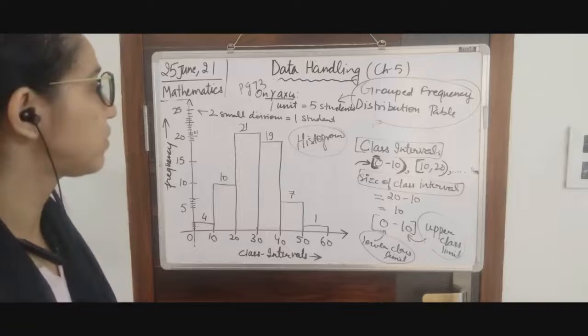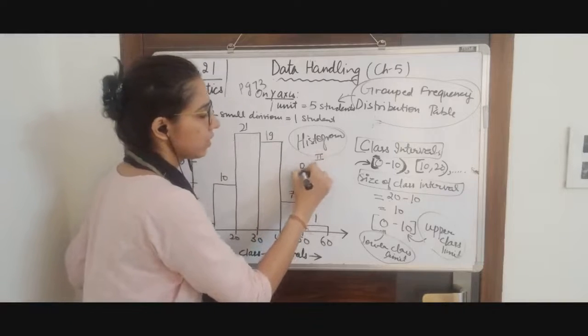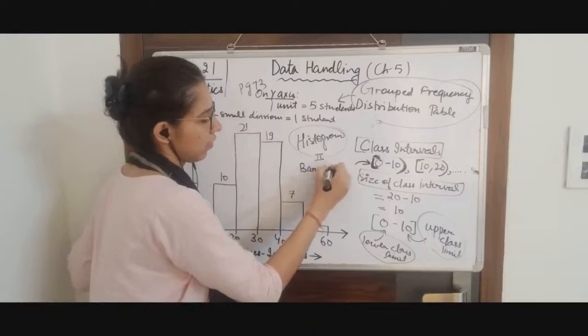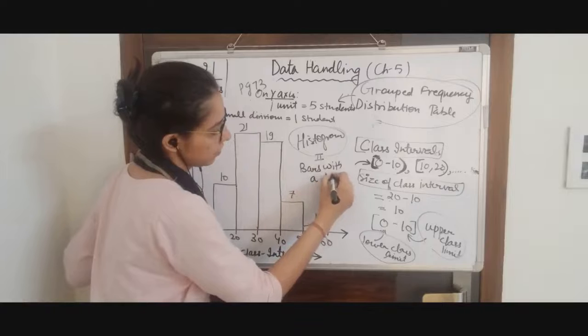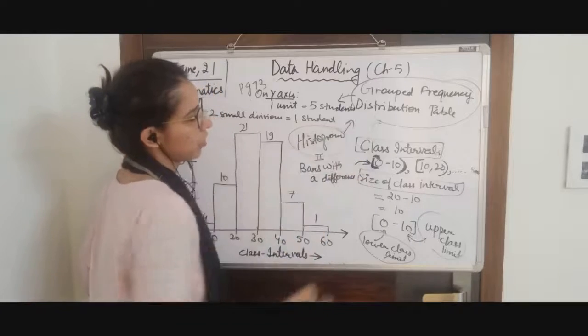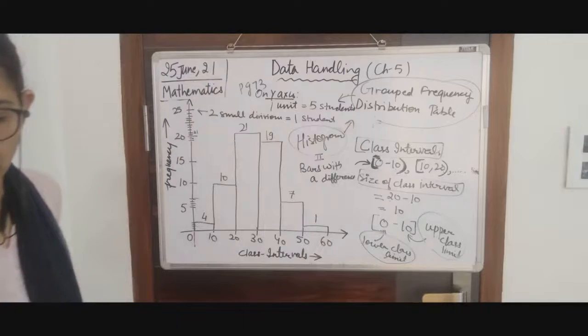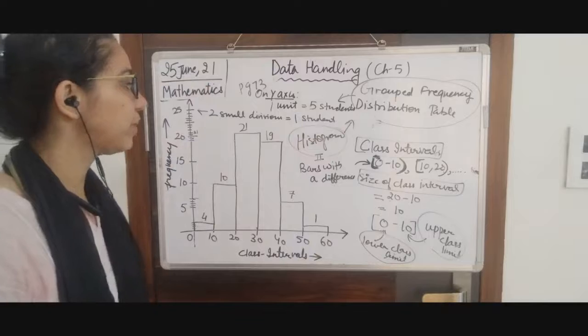It is also known as bars with no gap, but this name is more popular, so we are going to call it a histogram. One more thing.